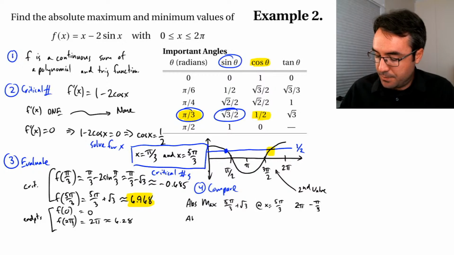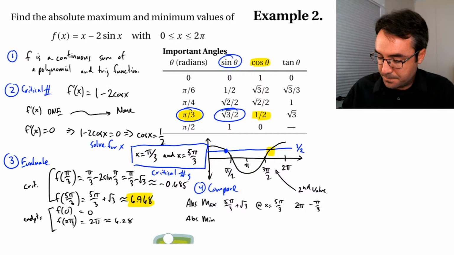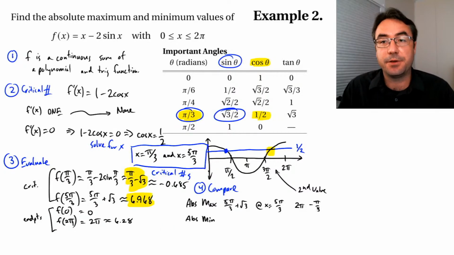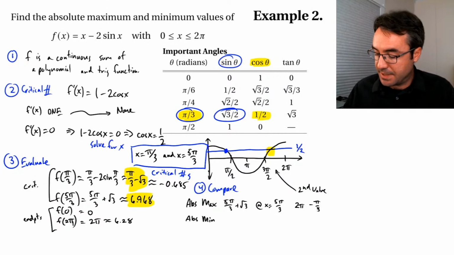And then the absolute min is the smallest value. We want to find the smallest value, and that is this negative here. We want the exact value, so pi over 3 minus square root 3. And that occurs at our other critical point.